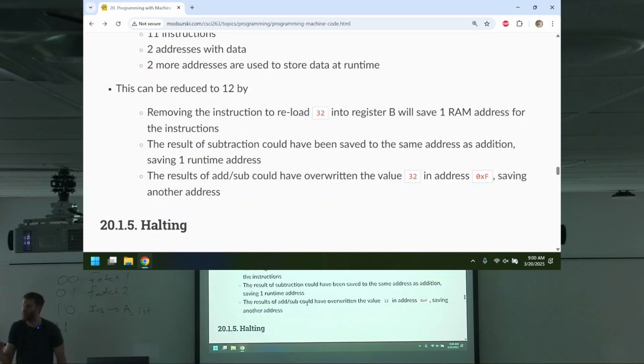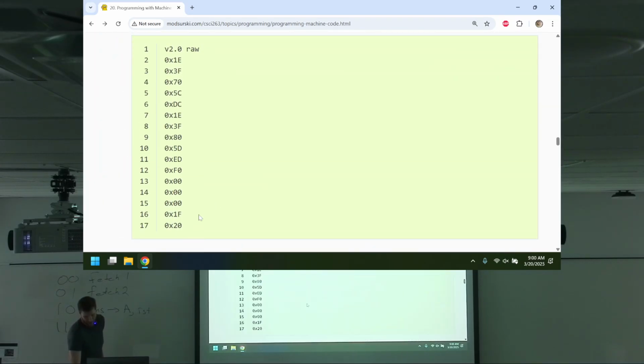But even more than that, if I really wanted to, I could have overwritten the values into F. Because I only needed to have F once to load it into here. I needed to put 32 into B, and then it was fine. I didn't need to do anything with it.